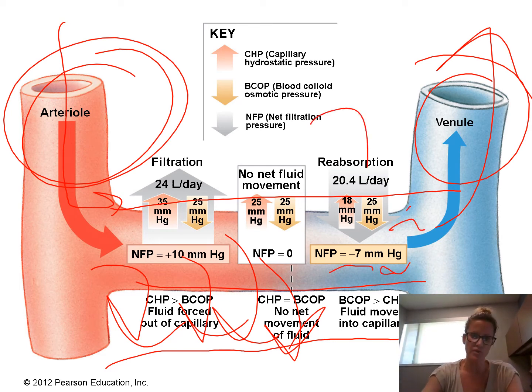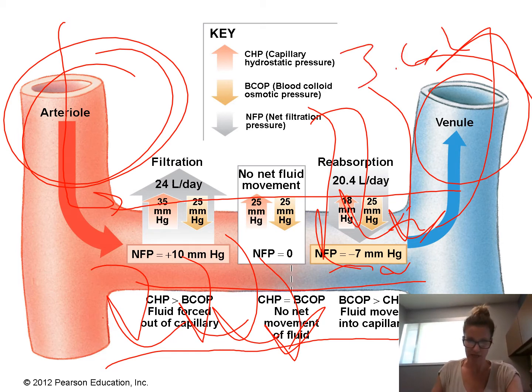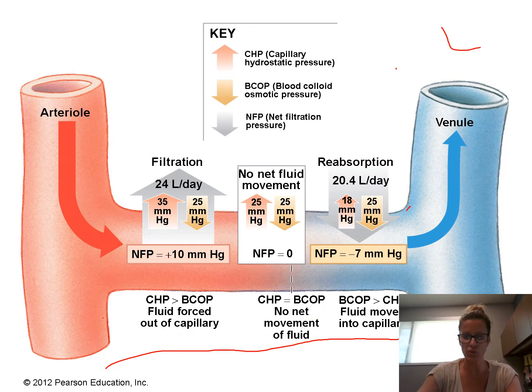That pulls fluid back in, and that's reabsorption. Again, this point where we change from filtration to reabsorption is not exactly in the middle. We filter more fluid out than we reabsorb back in. So we end up with an extra 3.6 liters per day of fluid that gets pushed out into the interstitial fluid and does not get reabsorbed.